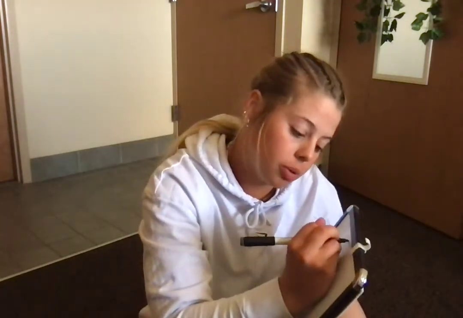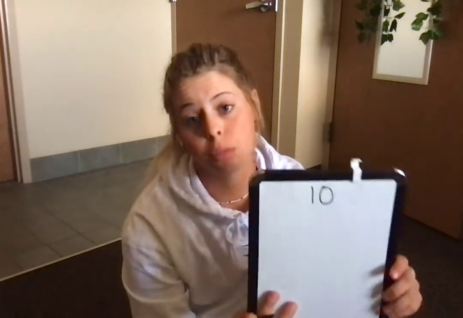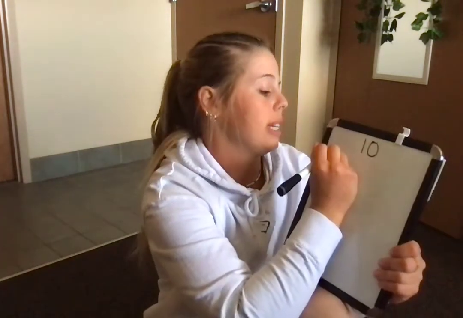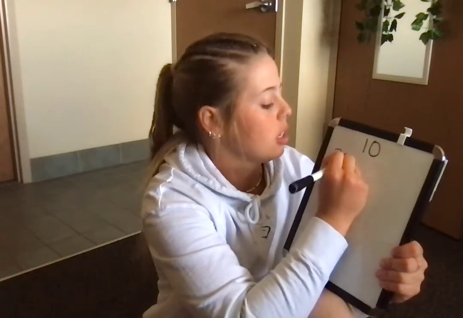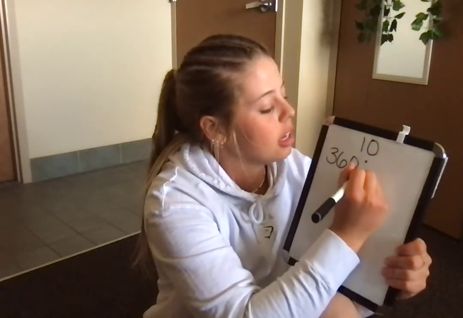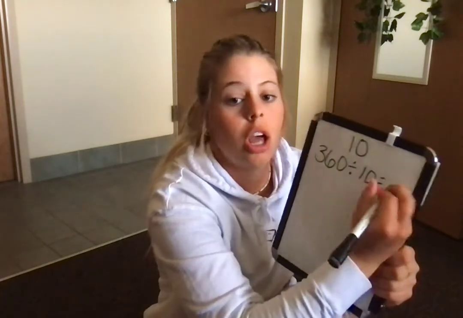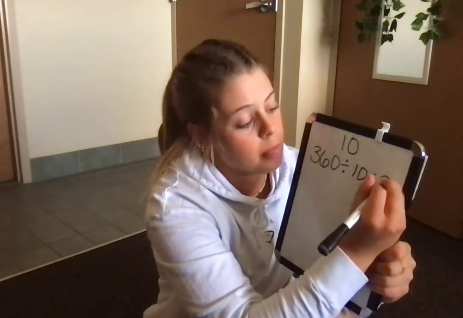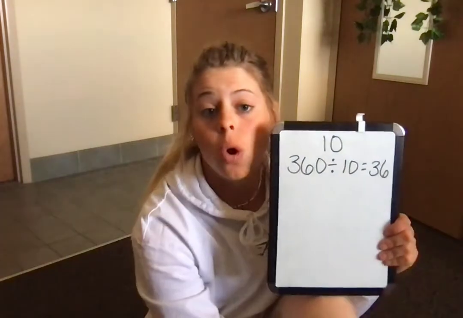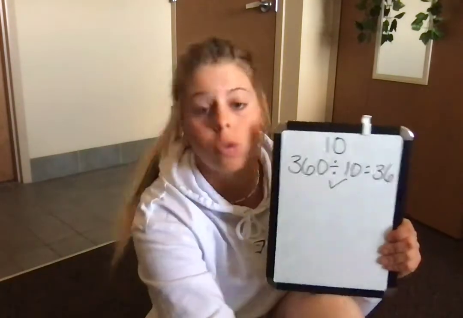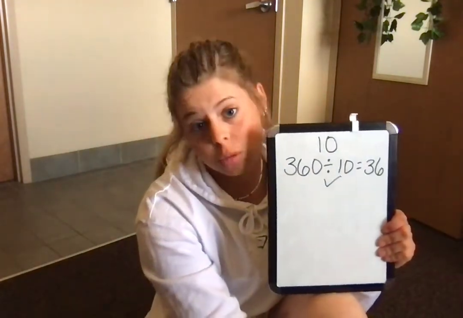And our last one is 10, our last number. So if you remember the rules for 10, it's if any number ends in a 0, it's divisible by 10. So let's do 360. 360 divided by 10 equals 36. Now, since 36 is a whole number, it checks out, it works, it's divisible.